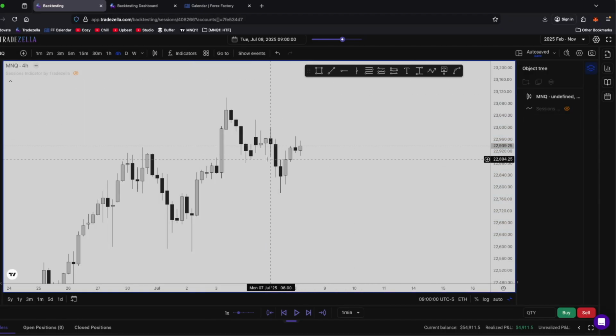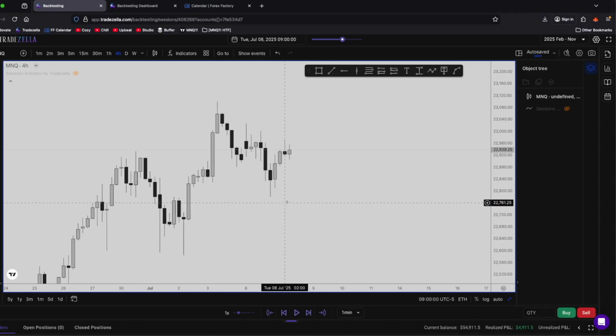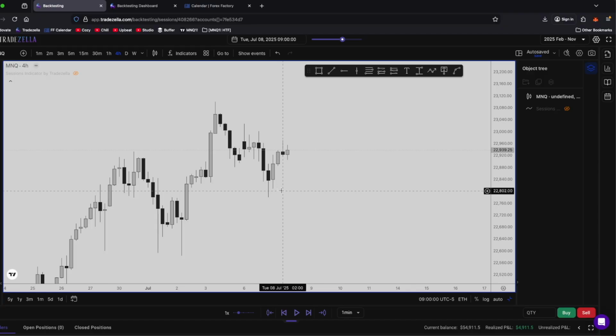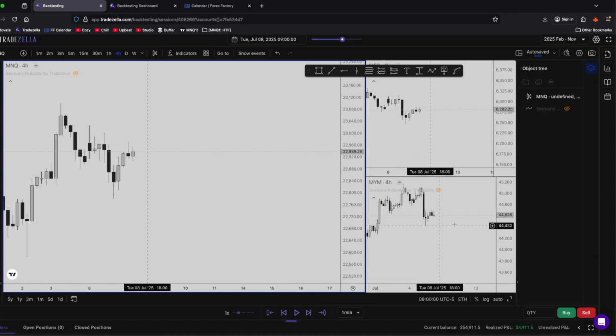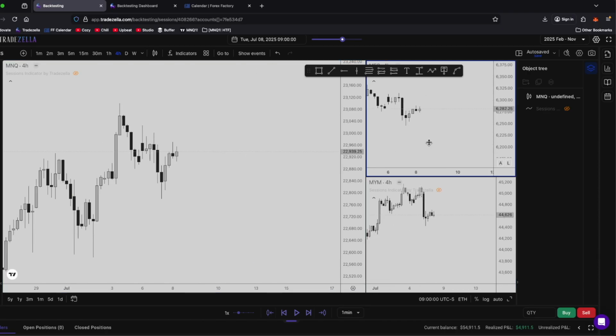And we flipped this. It flipped this tiny little fair value gap right here. So flip that fair value gap. The 2 a.m. candle did stop on this larger range candle, but we have these trend line liquidity up in here. So let's look for any SMT.